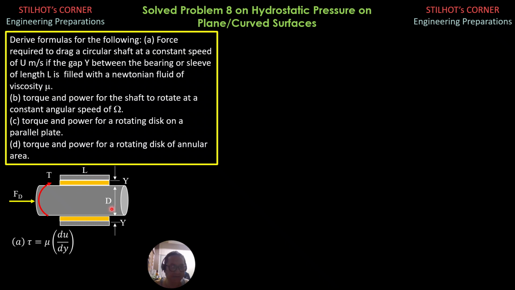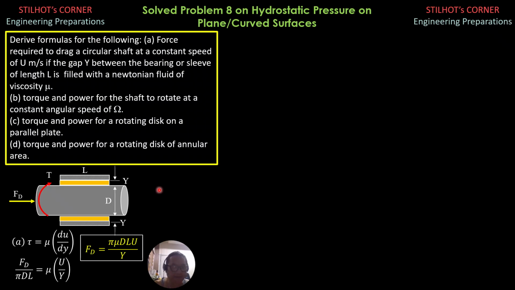The circumference is pi D and the length is L. So F sub D over pi D L equals mu times U over Y. From here, we can derive F sub D, which is pi mu D L U over Y. That's the drag force.